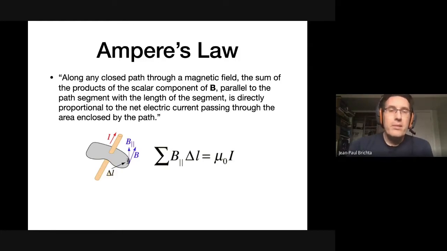Now, one thing about the math that's a bit challenging is that if we have a truly strange-looking path, like the shape that I've drawn, then this summation is really difficult, right? I mean, how are you going to get out your ruler and measure these things? It's going to be very challenging.